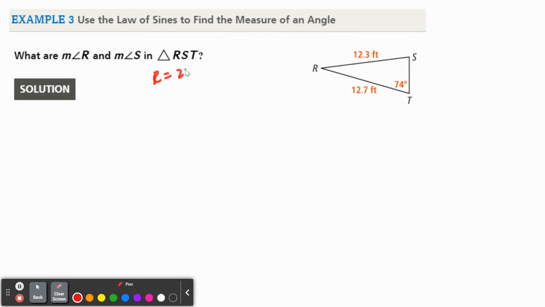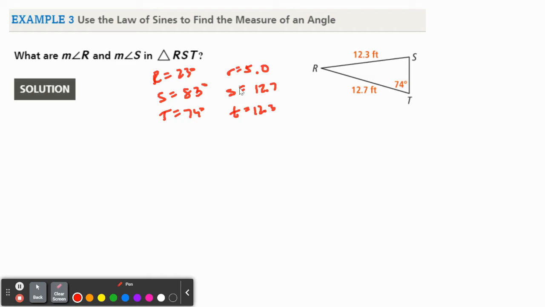So R was 23, S was 83, T was 74. Lowercase r is 5.0 feet, s is 12.7 feet, and t is 12.3 feet. And notice, the angles that are closer together have side lengths that are closer in measure.